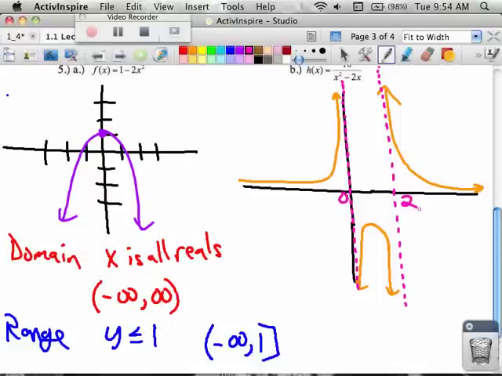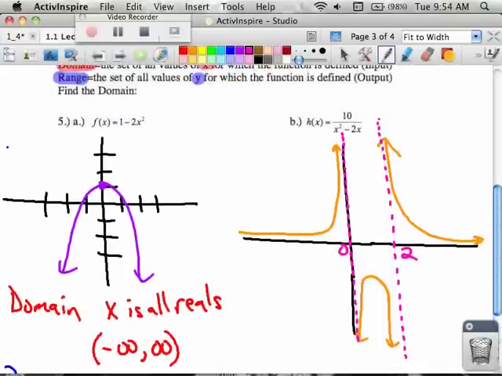But I want you to notice something up above. Do you see the bottom? There are some variables in there, right? What's going to cause a problem in a fraction? 0 on the bottom. We don't want this bottom to be 0. So if I looked at this bottom, and I said, hey, where is x squared minus 2x equal to 0?